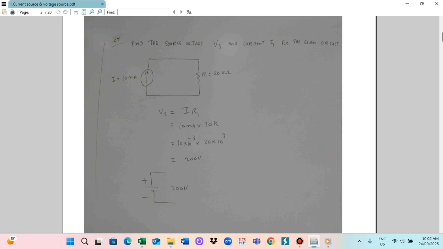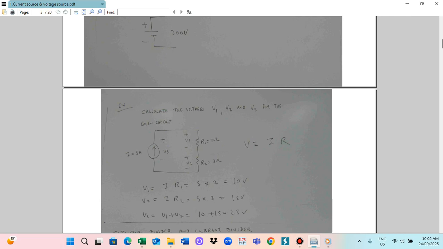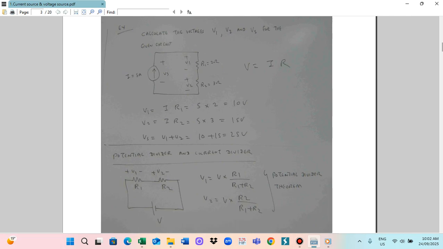Now we have to find V1, V2 and Vs for the given circuit. The current is 5 ampere, flowing through R1, 2 ohm. So voltage is equal to I multiplied by R. V1 is equal to I, 5 ampere, multiplied by R1, 2 ohm. Similarly V2 is equal to I multiplied by R, with current 5 ampere and resistance 3 ohm.